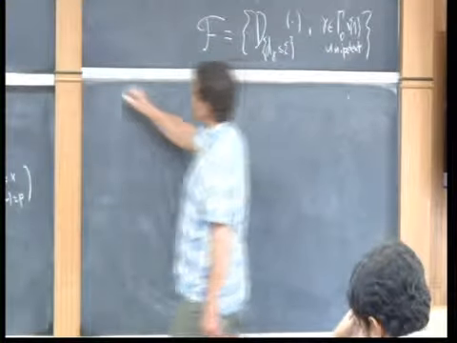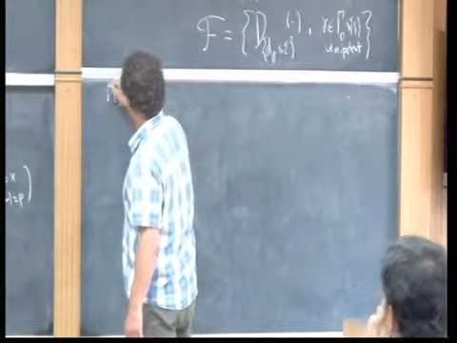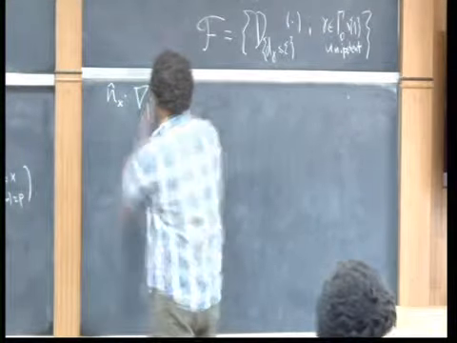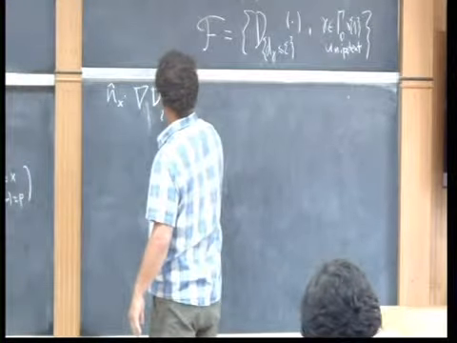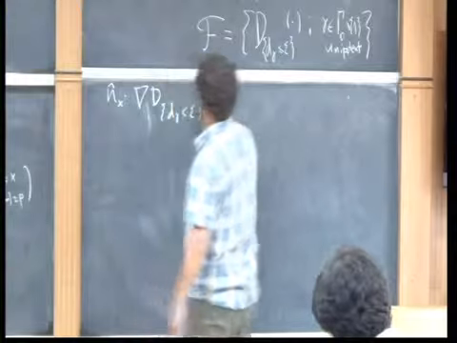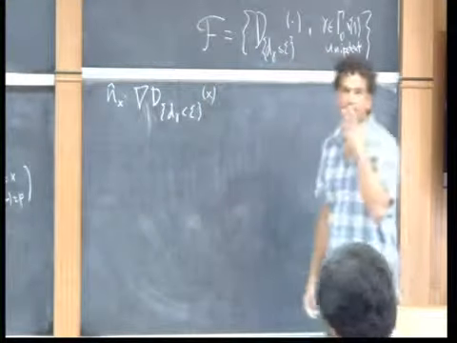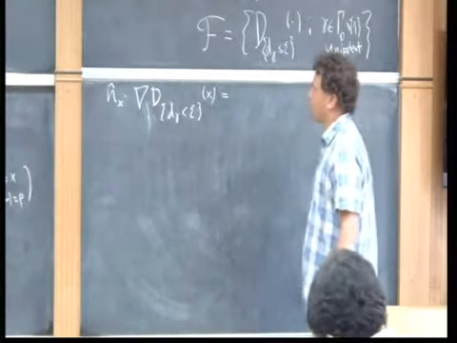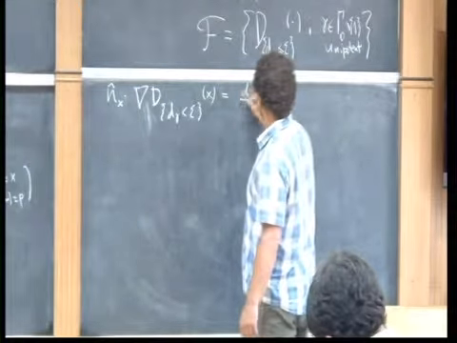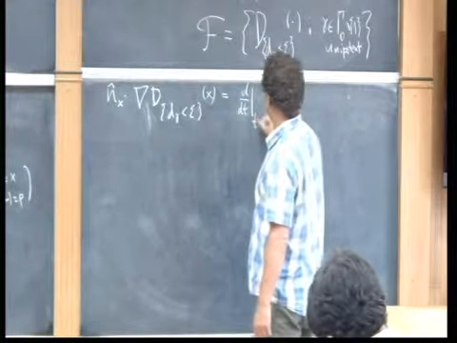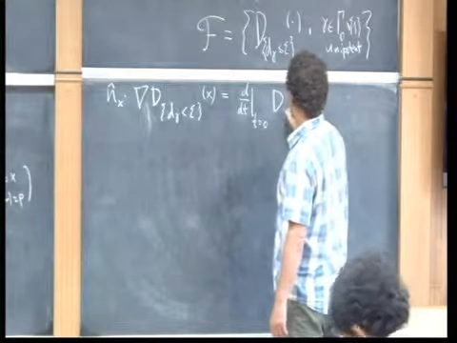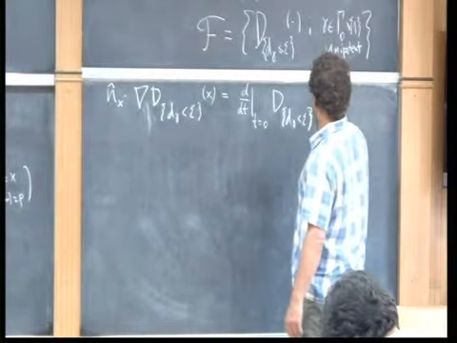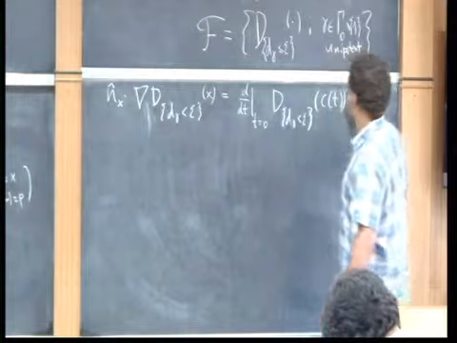Okay, we need to compute nx inner product with the gradient of the distance function from d gamma less than epsilon at x. So this is equal to d/dt at t equals 0 of the distance to d gamma less than epsilon at the geodesic. That's the direction.